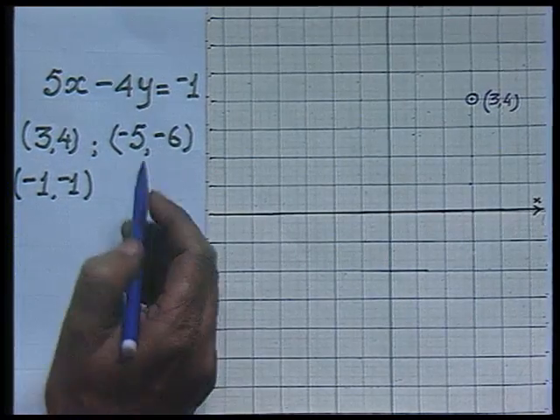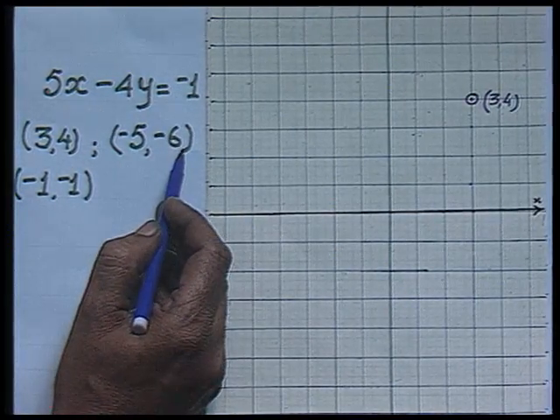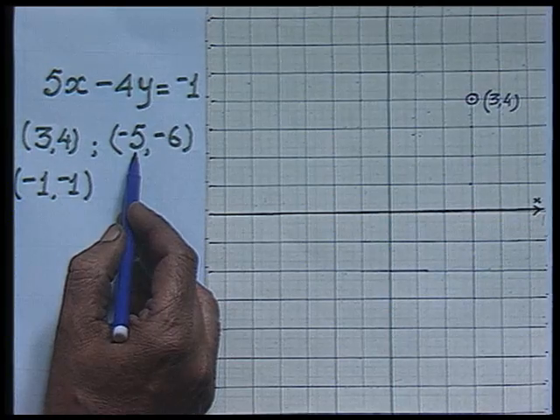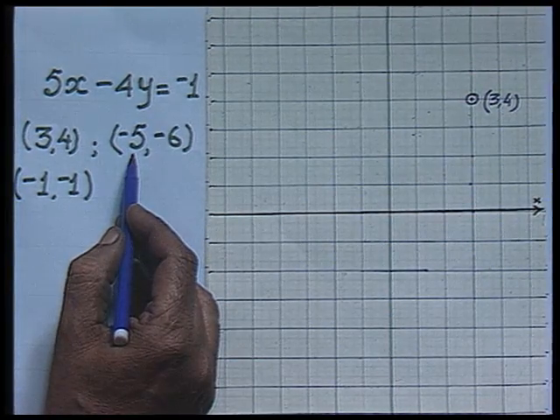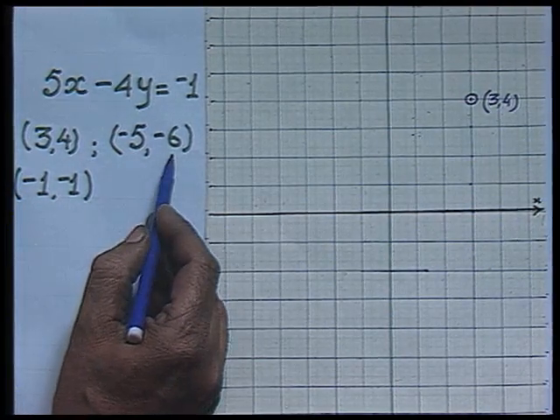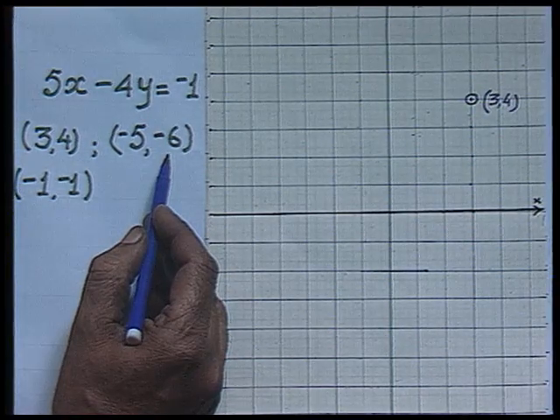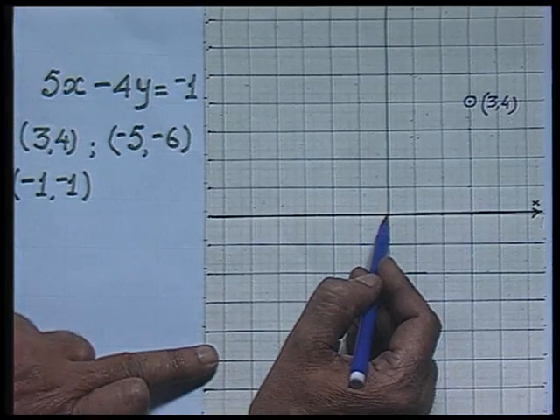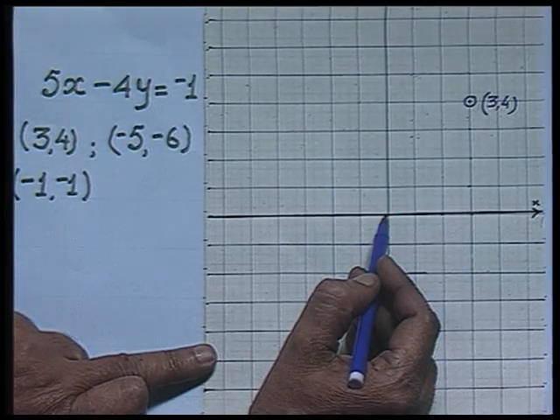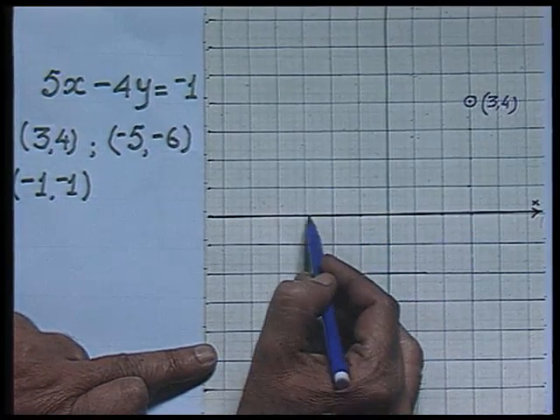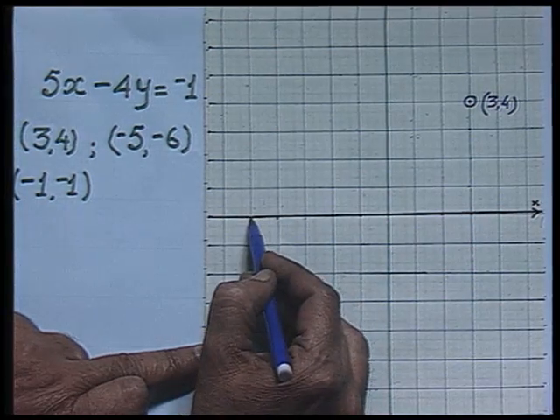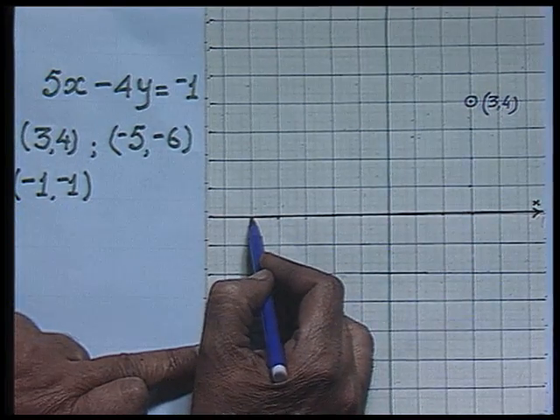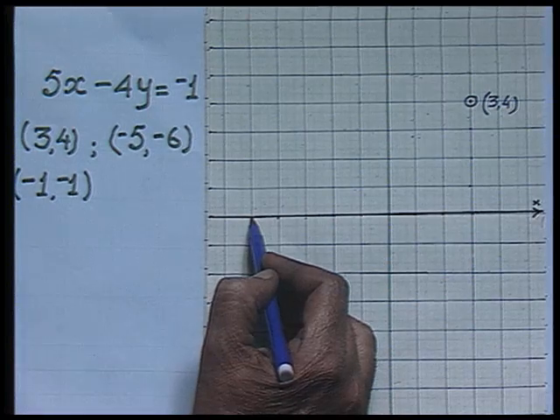Now let's plot the other ordered pair, that is minus 5, minus 6, and be sure that the first value in the ordered pair always corresponds to the value of x, and the second value corresponds to the value of y. Since it is minus 5 units, from the origin I will move towards the left, 1, 2, 3, 4, 5, that becomes minus 5, and for minus 6 units, which direction do I move?